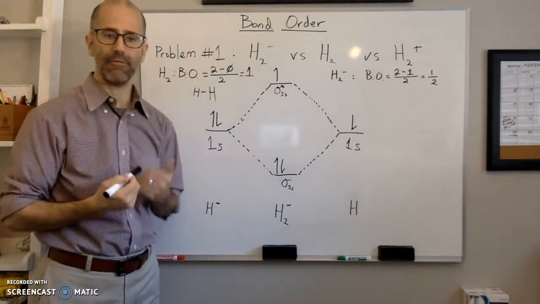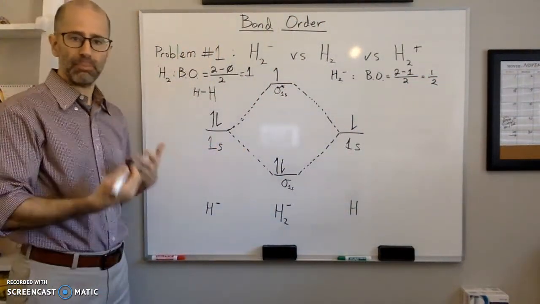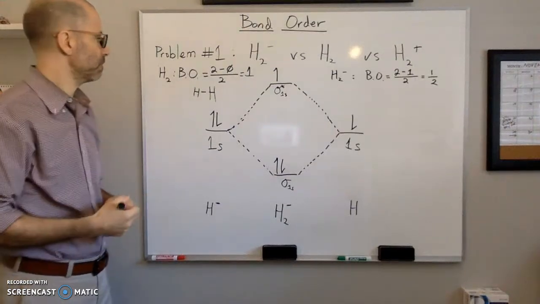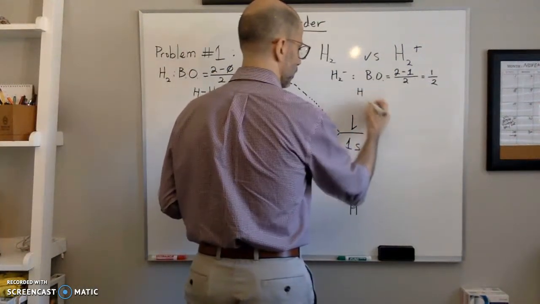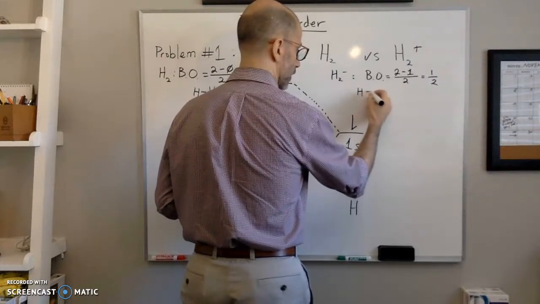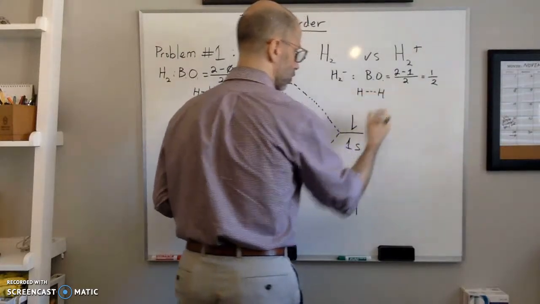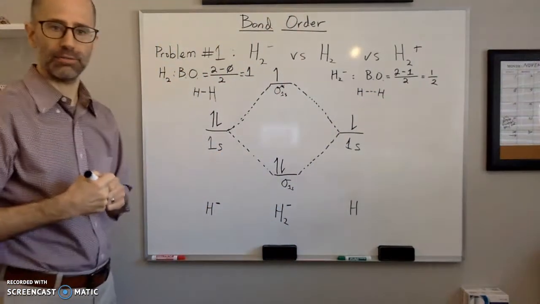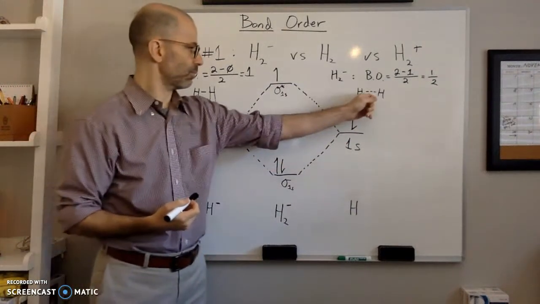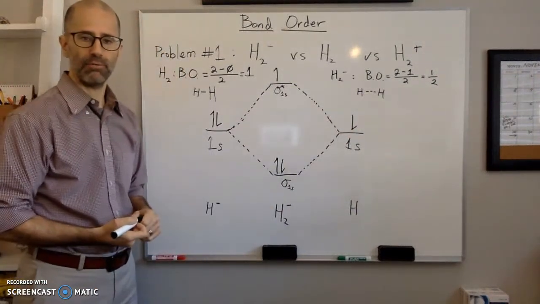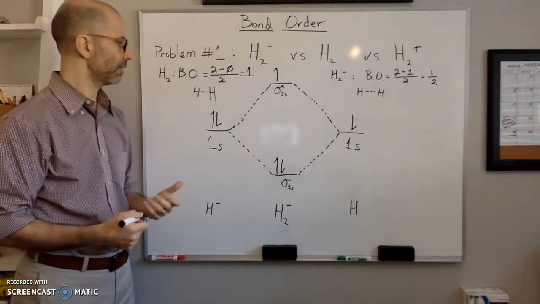So we got a half a bond order, which means we've got pretty much half a bond. For that, you might draw it like this, a little dashed line instead of a solid line, so that we have a fractional bond here instead of a full bond. So 1/2 of a bond.